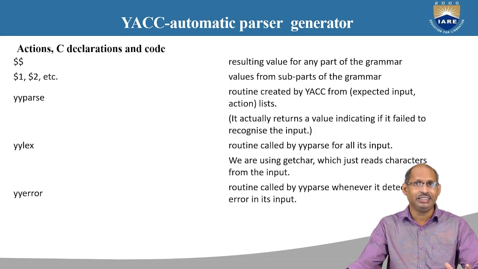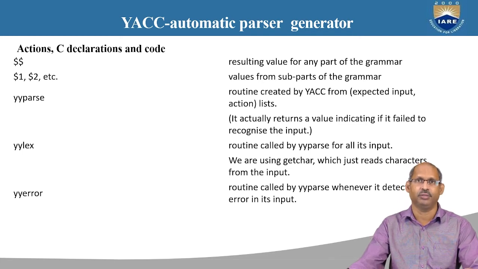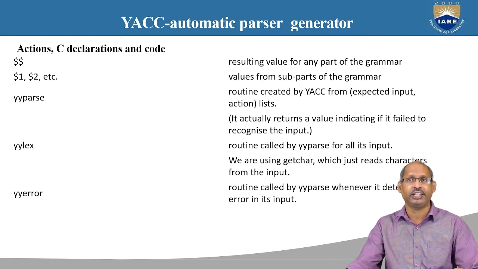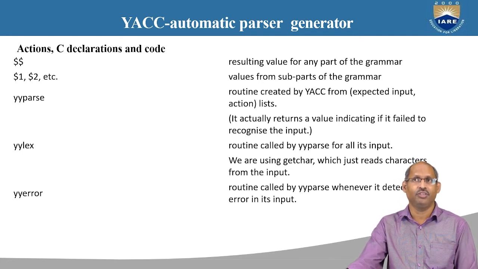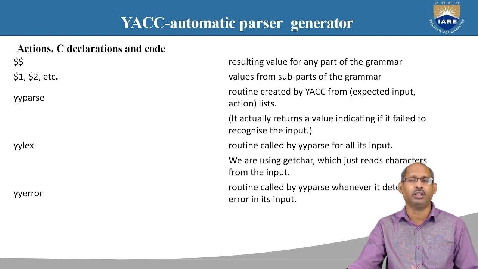These are the actions and C declarations and code, right? So double dollar is the resulting value for any part of the grammar. Dollar one and dollar two or dollar three are the values from the subparts of the grammar.